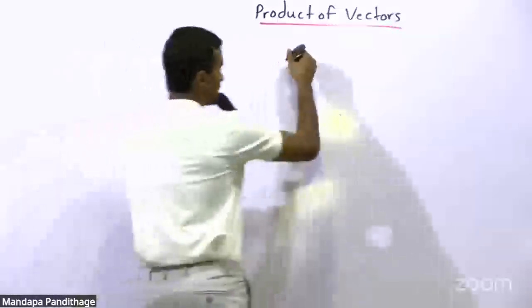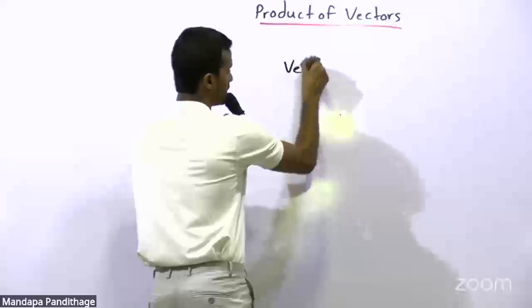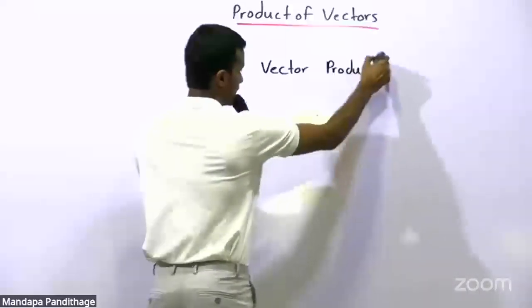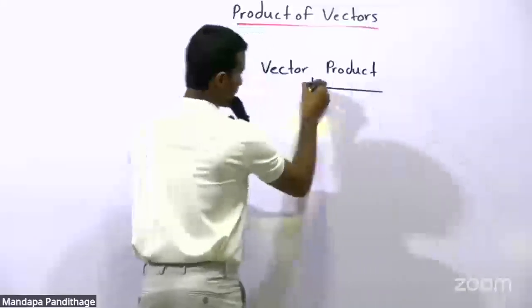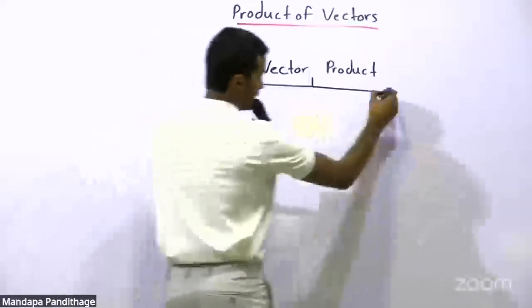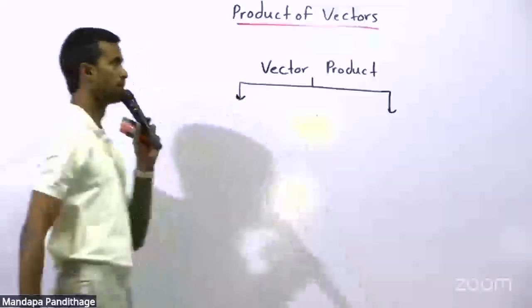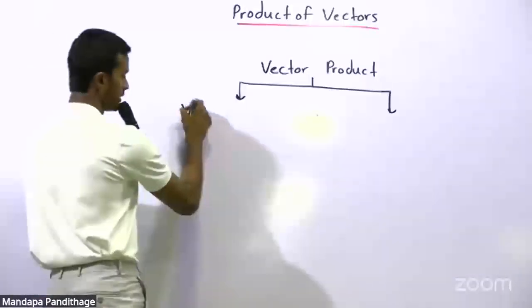But okay, now look at this. So the vector product, there are two types of vector products. Vector product can be discussed under two categories. One is the vector dot product.